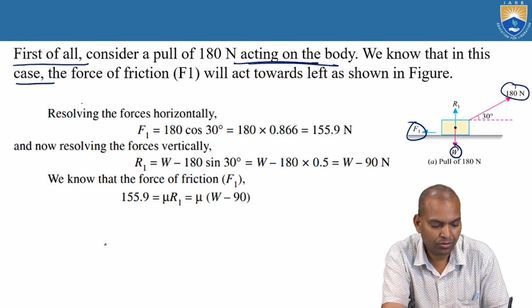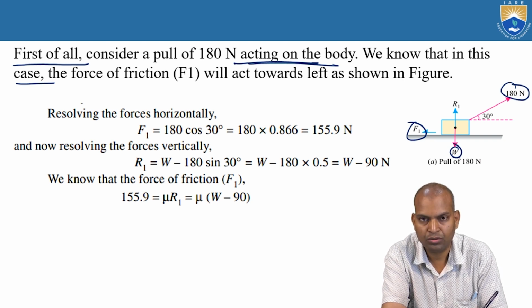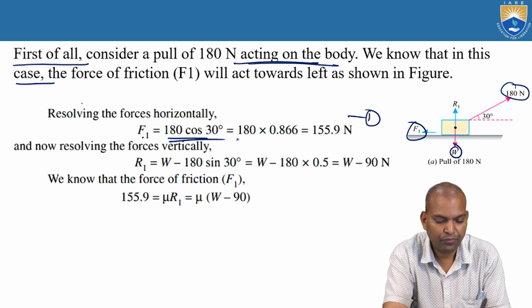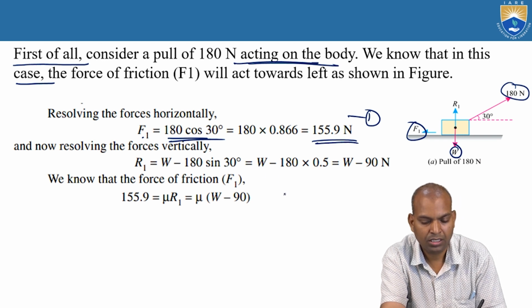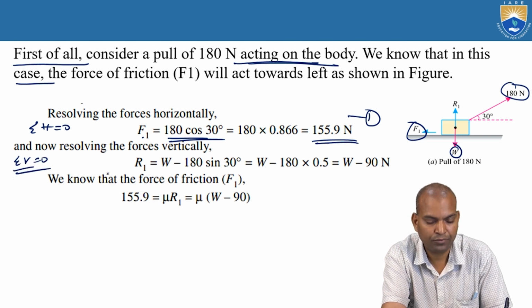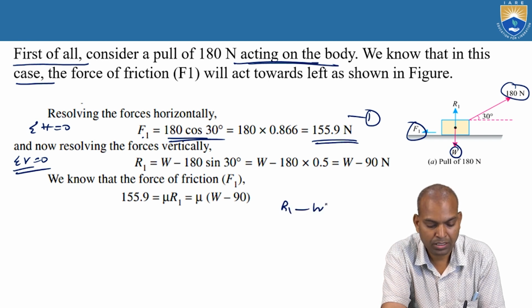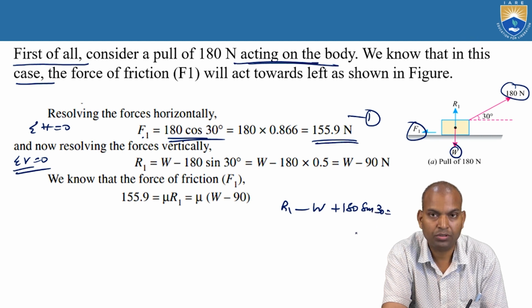So we have to resolve the case again. F1 equals 180 newtons cos 30. That's equation 1. F1 equals 180 times cos 30, that is 155.9 newtons. Next, sigma H equals 0 and sigma V equals 0. For vertical equilibrium, R1 upwards: R1 minus W plus 180 sin 30 equals 0.